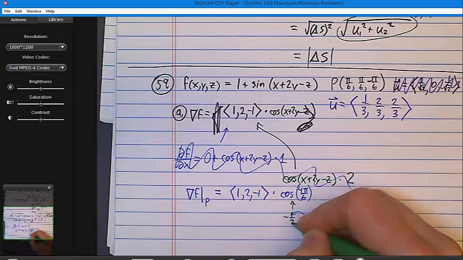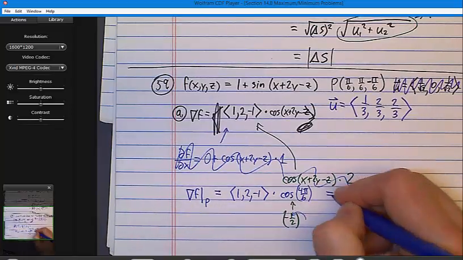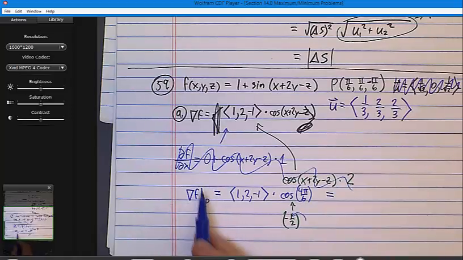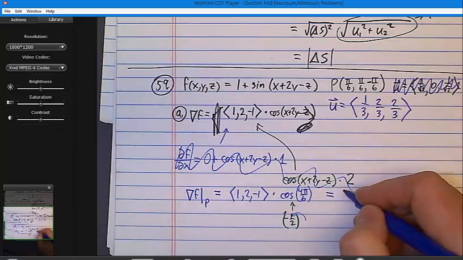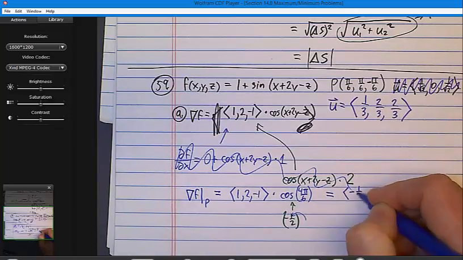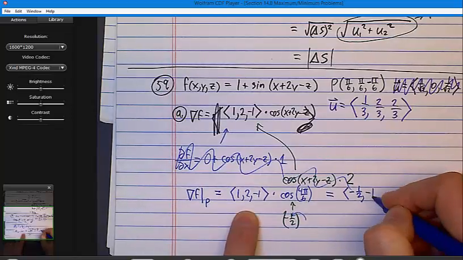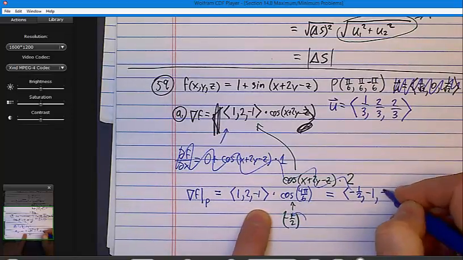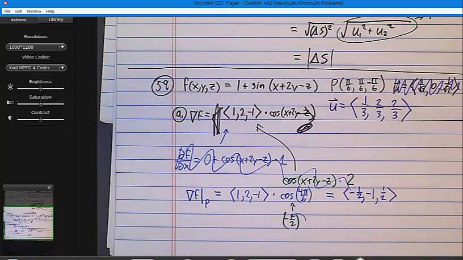And if that's negative 1/2, then another way to write this is that the gradient evaluated at the point ends up being the vector negative 1/2, negative 1, positive 1/2. Okay? So that's the gradient.